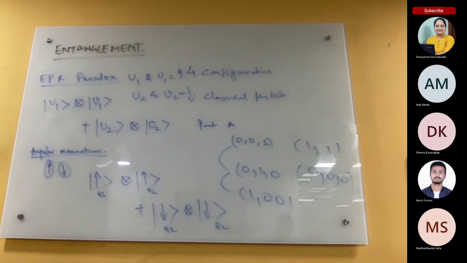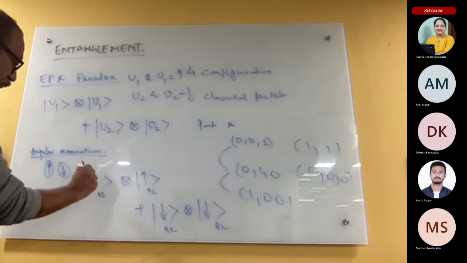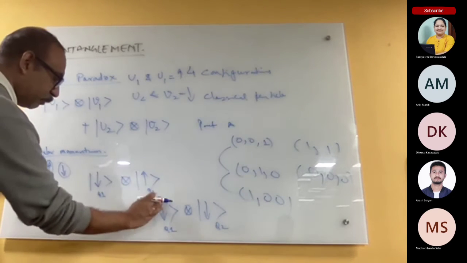Now, what is the problem here? The problem is angular momentum is conserved in the universe. You cannot have non-conserved angular momentum. Actually, this is wrong. So we will have to make them different.